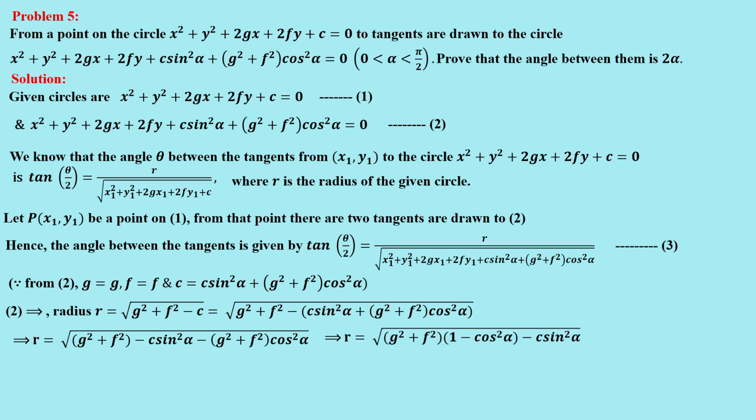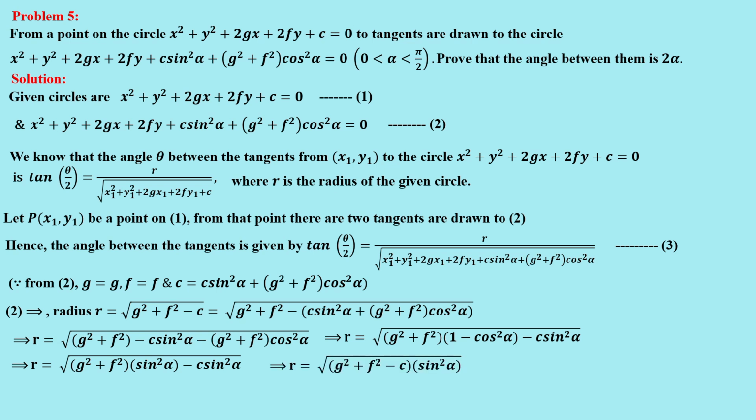That implies r is equal to, taking the first term and the last term inside the square root, g square plus f square is common, take it outside: g square plus f square into 1 minus cos square alpha, minus c sin square alpha. So that is equal to root of g square plus f square into sin square alpha, since 1 minus cos square alpha is sin square alpha, minus c sin square alpha.